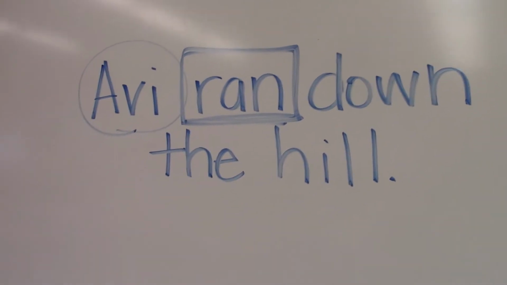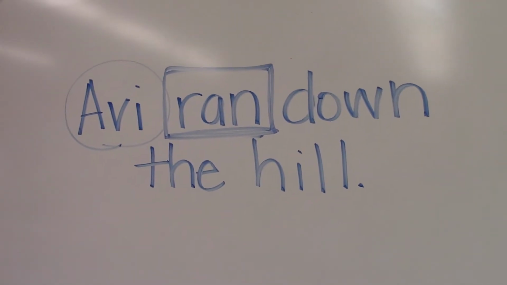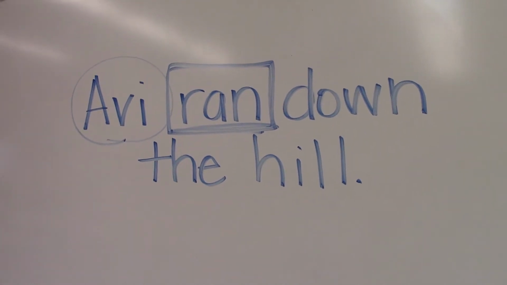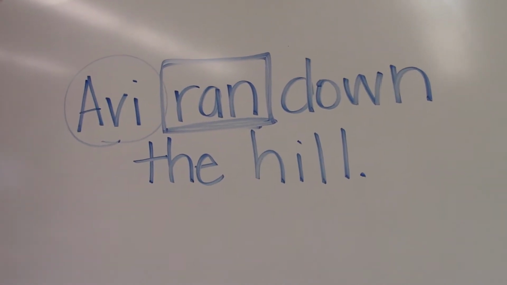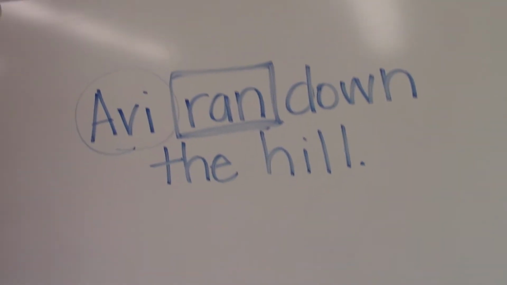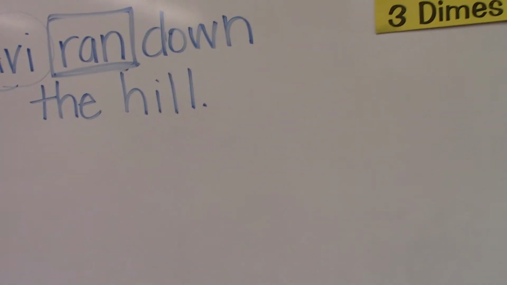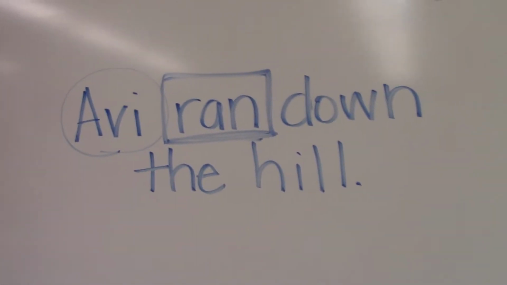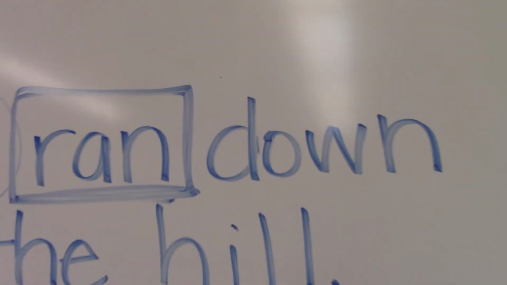But now we're going to write a sentence with a linking verb. Okay, a linking verb like am, is, was, are, and so on. Okay? So, AV is happy.